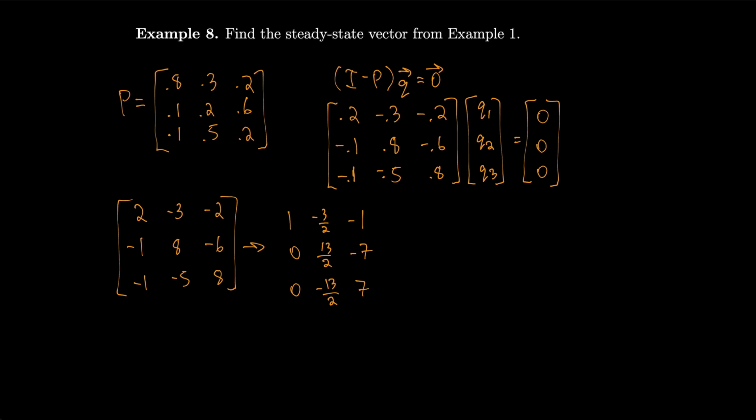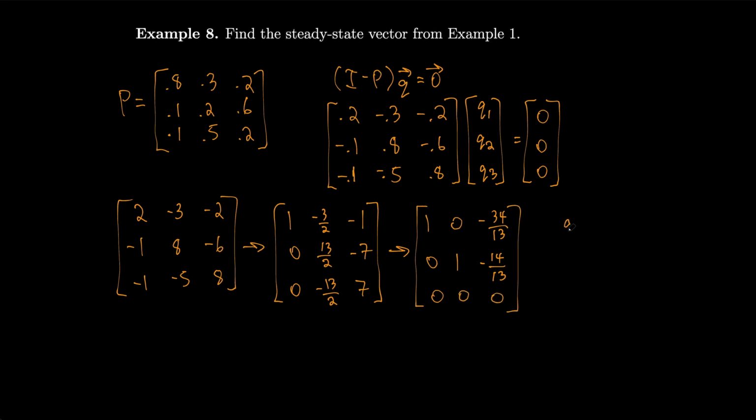So that bottom row isn't going to help us much, but the top two rows will. So we'll keep reducing. We get 1, 0, minus 34 over 13, 0, 1, minus 14 over 13, and zeros for the last row. That tells us that Q1 equals 34 over 13 times Q3, and that Q2 is 14 over 13 times Q3.